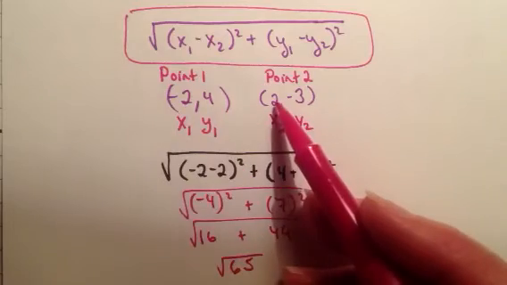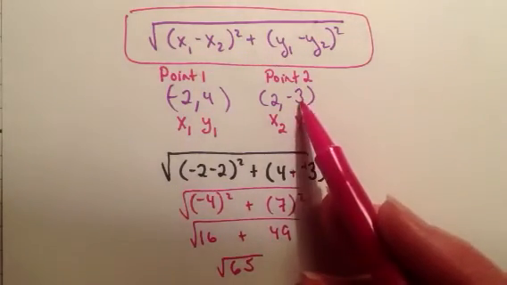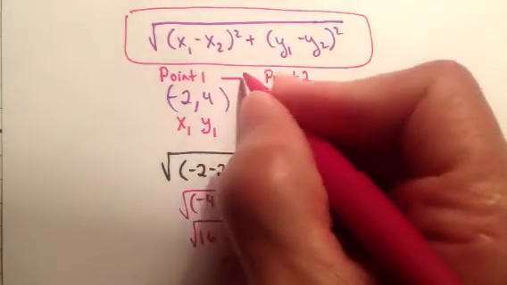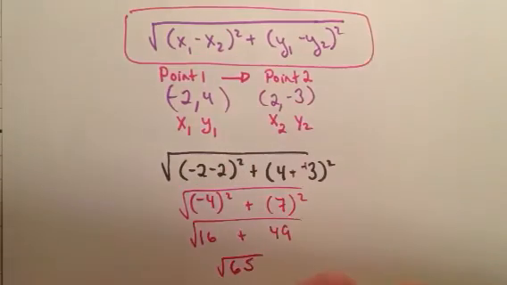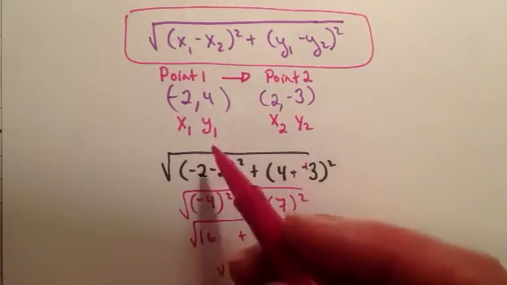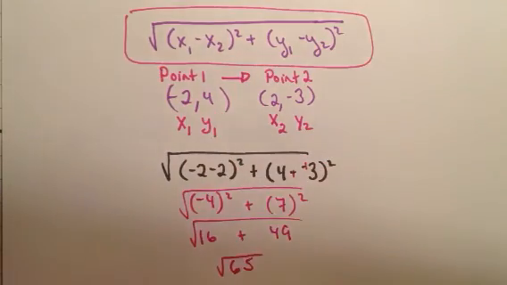I can't do negative 2 minus 2 and then flip-flop my y and say negative 3 minus 4. Okay? Whatever direction you go in, you have to keep that same direction. So make sure if you're calling this point 1, you're always starting with the x and y value here. Okay?